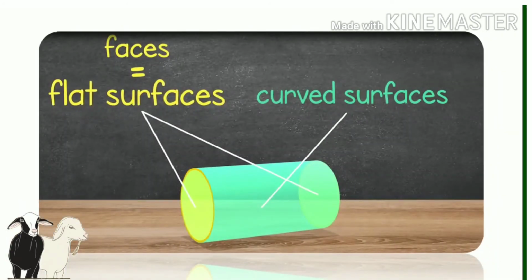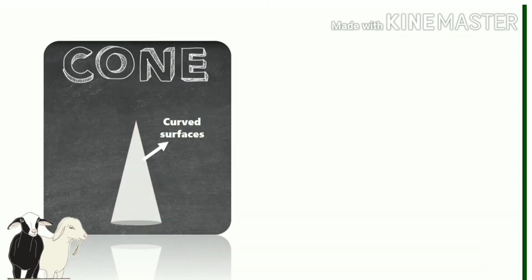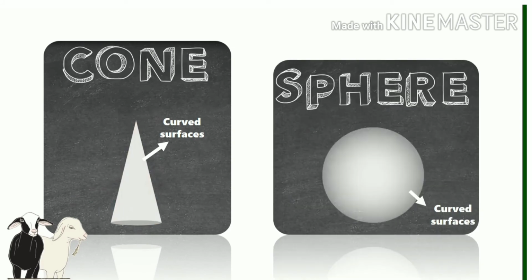How about the cylinder? What is curved surfaces and what is flat surfaces? In the cylinder, we have curved surfaces. Curved surfaces happen when a shape meets a circle. So, not only a cylinder has curved surfaces, but also a cone and also a sphere.